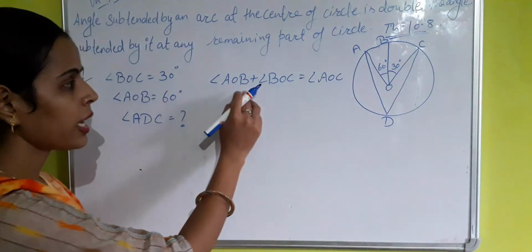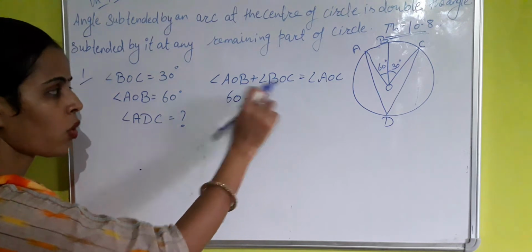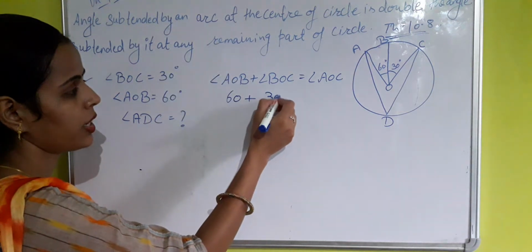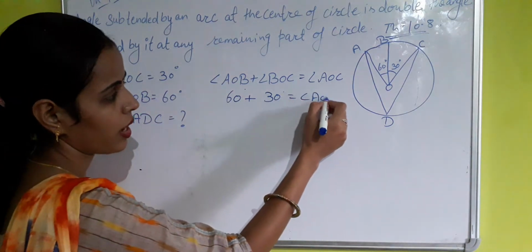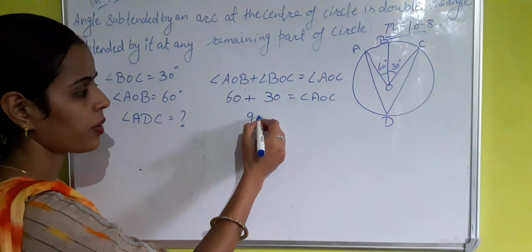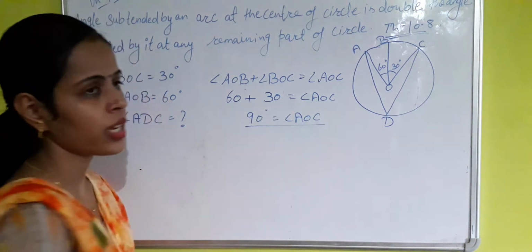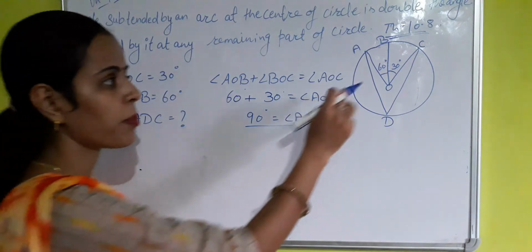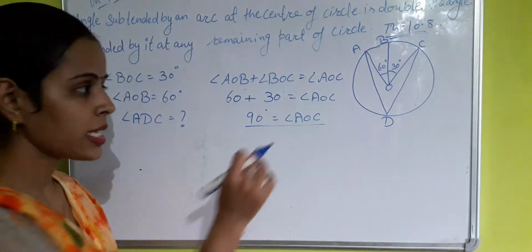The value of angle AOB, 60 degrees, plus BOC, 30 degrees, is equal to angle AOC. 60 plus 30 is 90. So we can say that the complete angle AOC equals 90 degrees.